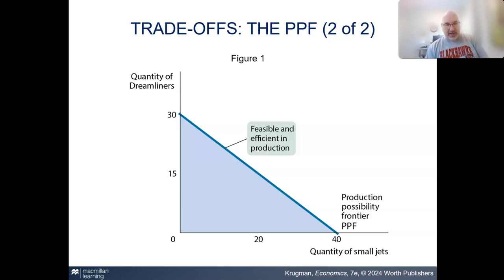Any point in that light blue shaded area is possible, but not efficient. You can do it, but you're not using all your resources. You've got what we call unemployed resources. Any point beyond the line out here is unattainable today.